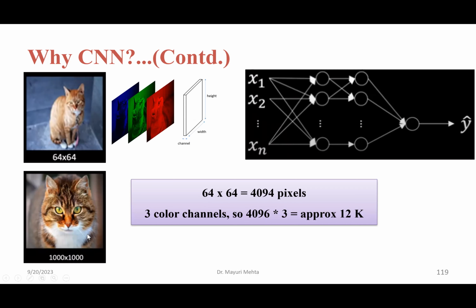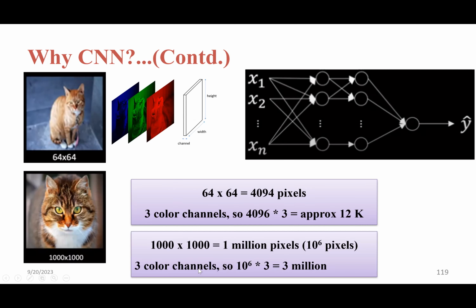And for 1000 cross 1000, how many neurons are required? Because there are three color channels, it is 10 raised to 6 into 3, which is 3 million. So you can see that 3 million input neurons would be there, which is a very, very high number.